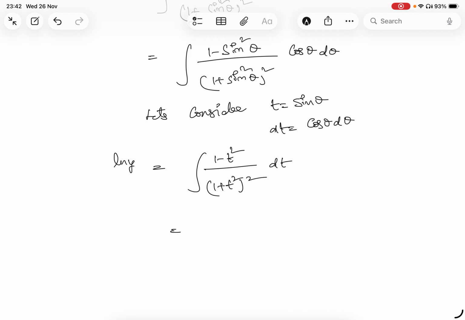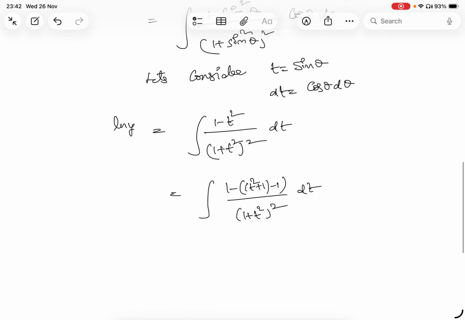Now as you can see, the denominator is in terms of 1 plus t square, right? Now let's try to write the numerator in terms of 1 plus t square. First write the denominator part. Now you can write 1 minus t square as 1 minus of (t square plus 1 minus 1), right? As you can see, plus 1 minus 1 will get cancelled and you will get 1 minus t square as it is.